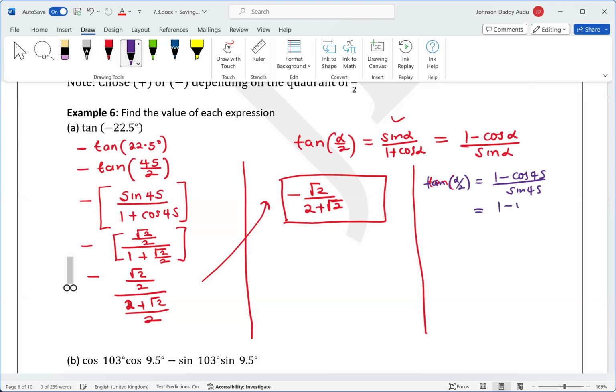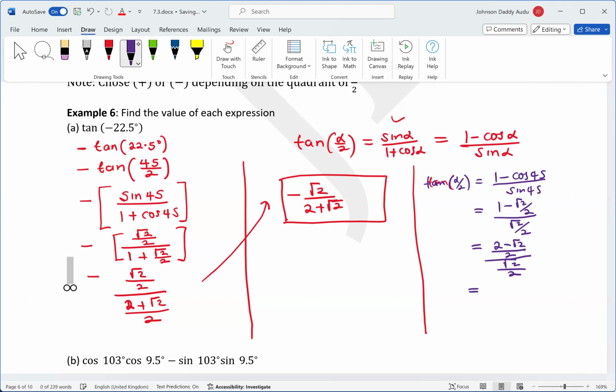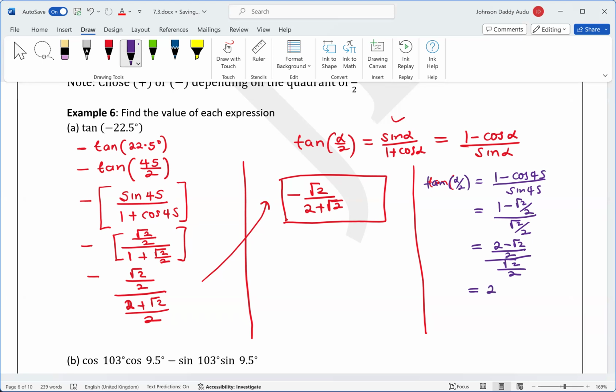This is 1 minus root 2 over 2 over root 2 over 2. So this is going to be 2 minus what? 2 minus root 2 over 2 divided by root 2 over 2. All right. So 2 will cancel 2. So we have 2 minus root 2 over what? Over root 2.